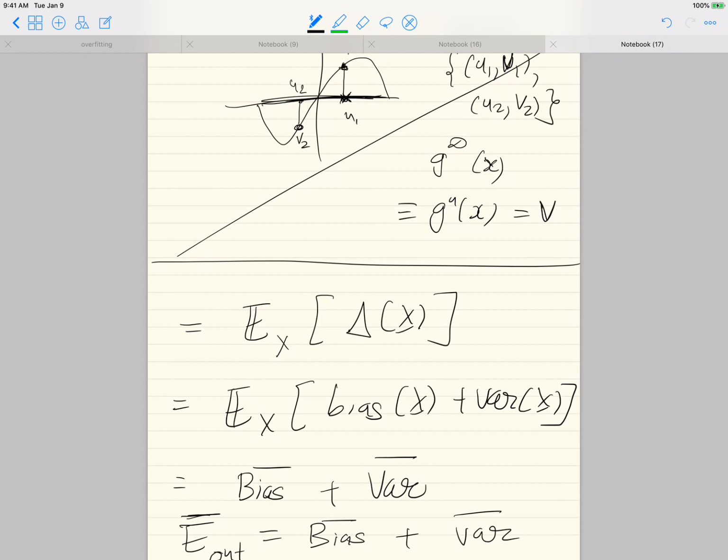We can show that it equals the average bias, how good an approximation it makes of the ground truth, plus the average variance, how much fluctuation it has with respect to the training set. For a hypothesis class to have a small test error, both the bias and the variance should be small. So you see the trade-off between bias and variance right here.